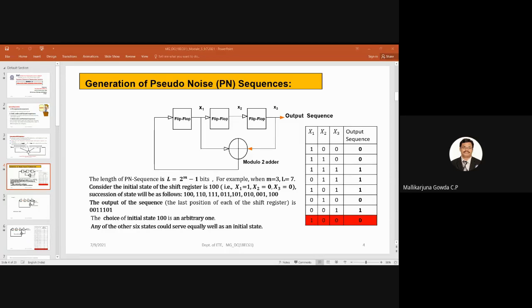Yes, sir. Can you explain this circuit? How does it generate the PN sequence? Because I spent almost 10 to 20 minutes on this in the last class. It is very simple to understand.